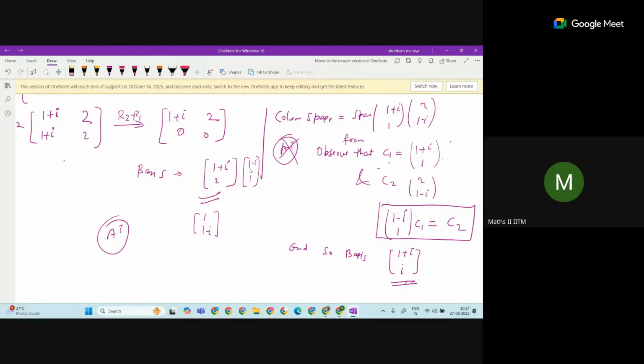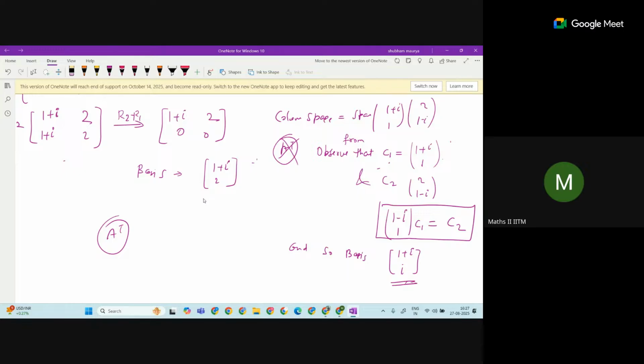So either this is the answer or this is what you write; both are the same. If you take the conjugate of it, it does not have an impact. The confusion is which one to take. We have to take the simplified basis.